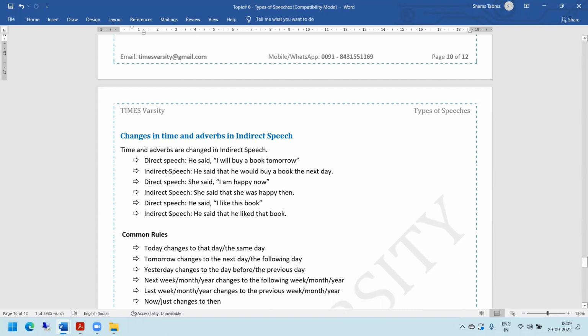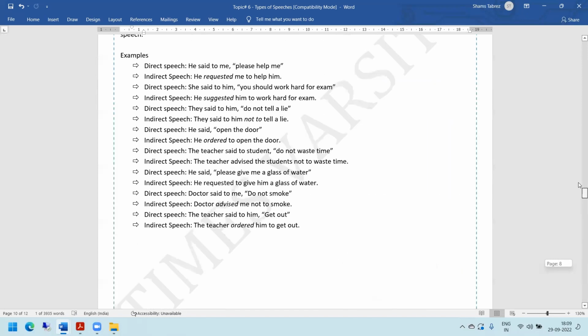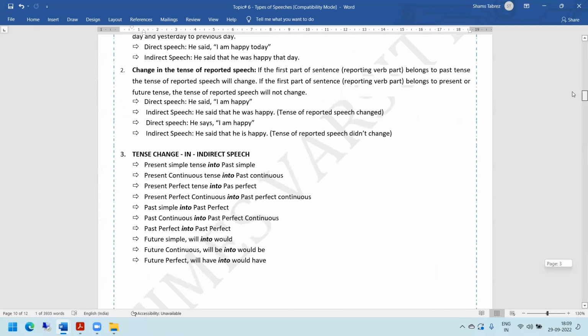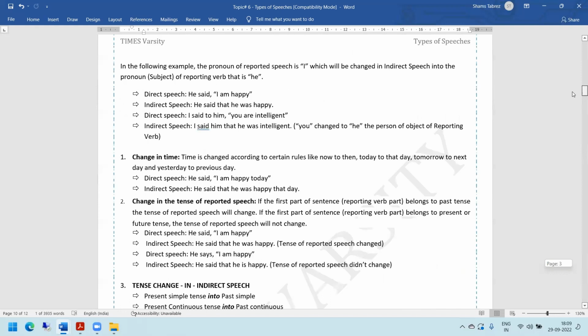Indirect speech: He said that he would buy a book the next day, because instead of will, would is used, and instead of tomorrow, the next day. You might have seen that if there are changes in time, there are some changes.